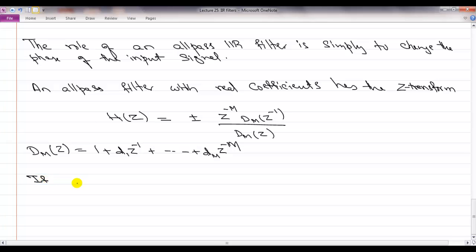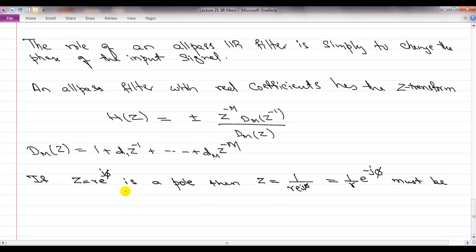If Z equal to R e to the j phi is a pole, then Z equal to 1 over R e to the j phi, which means 1 over R e to the minus j phi, must be a zero. Okay.